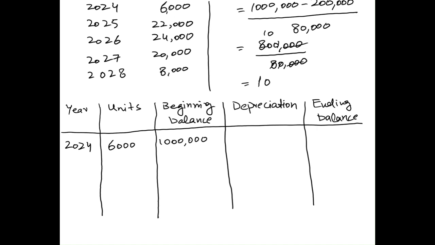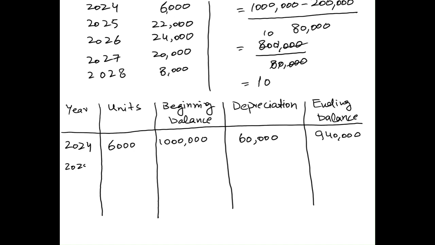So that will be 10 times the number of units in that year. So 10 times 6,000 is 60,000, and the ending balance will be $940,000.